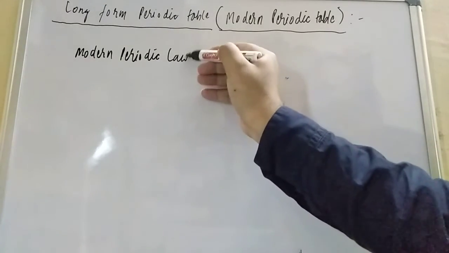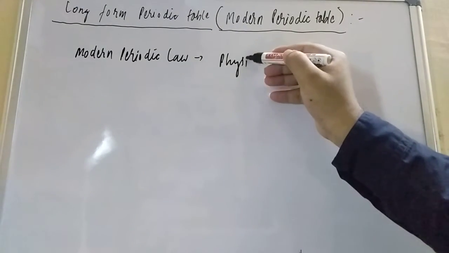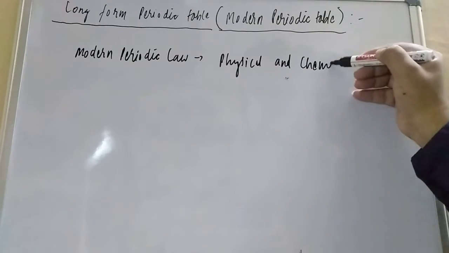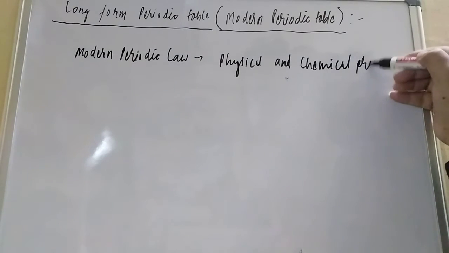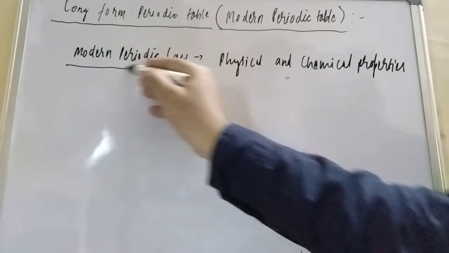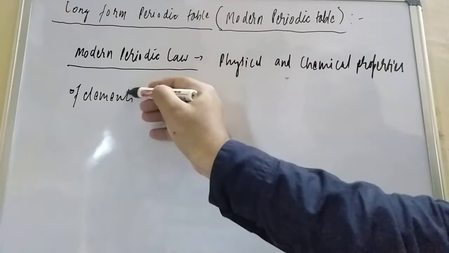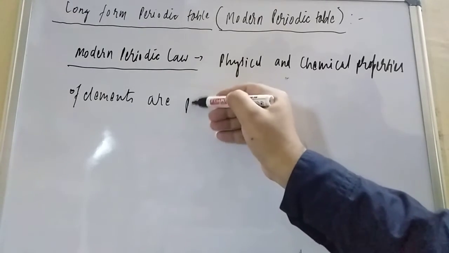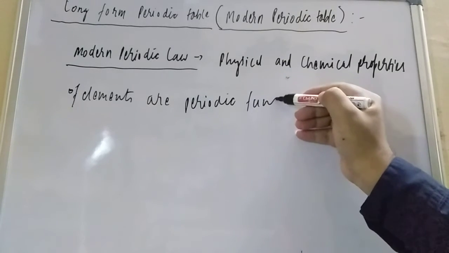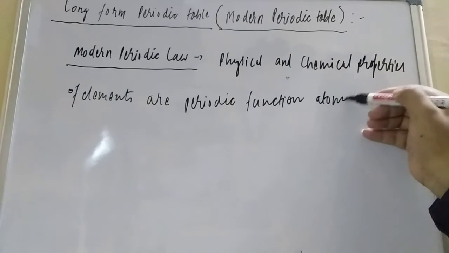The physical and chemical properties of elements are a periodic function of their atomic number.